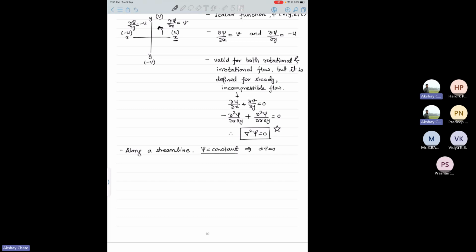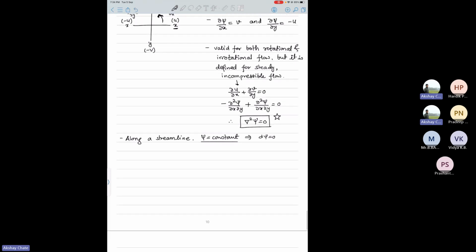So for any streamline, we will have a psi value which is a constant, and it will not change along the streamline.